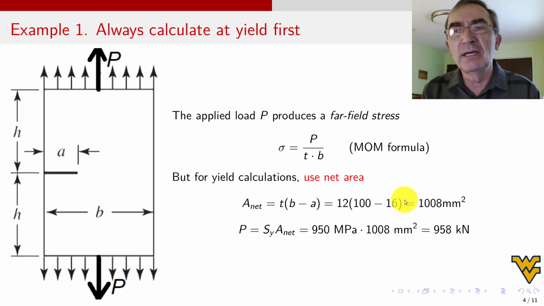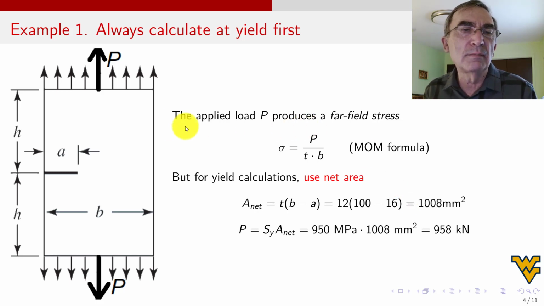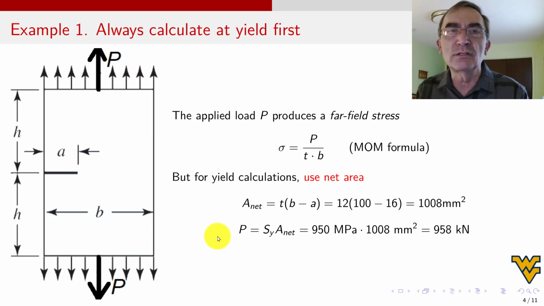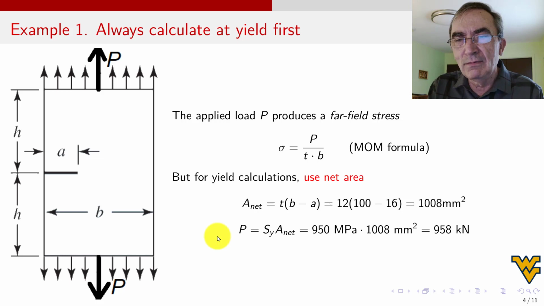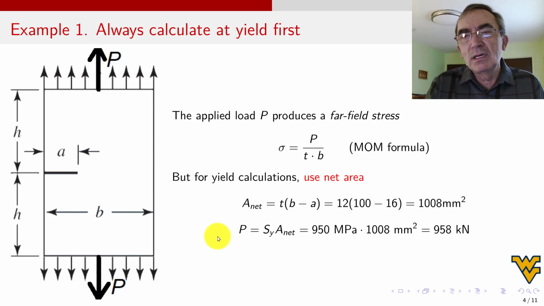It's an approximate calculation because it's not going to take into account the peculiarities of the crack. So it's like a back-of-the-envelope calculation, but we always have to do it first to see if the part is designed correctly for yield. And then we do fracture.